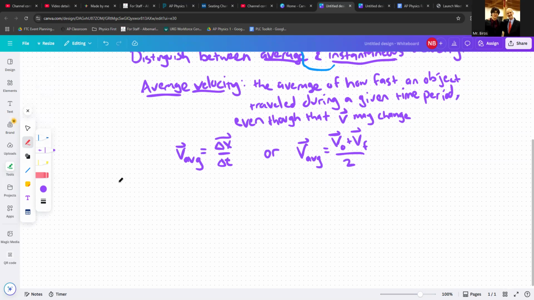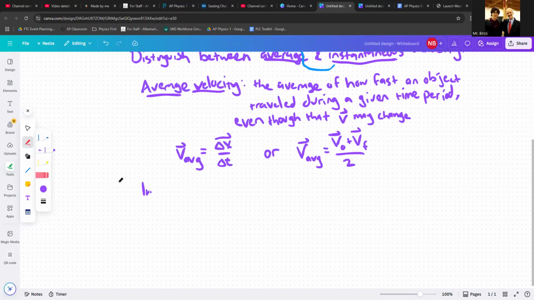Okay, so that's average velocity. We don't use it a ton, but you want to keep your eyes out for it because if it shows up in a problem and it says average velocity, that is different from instantaneous velocity. So we'll write a quick description of instantaneous here.